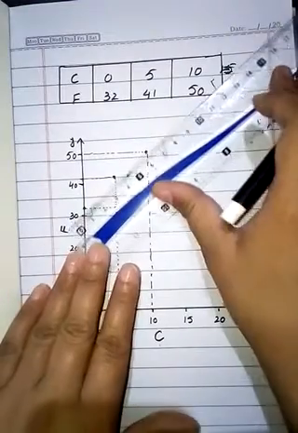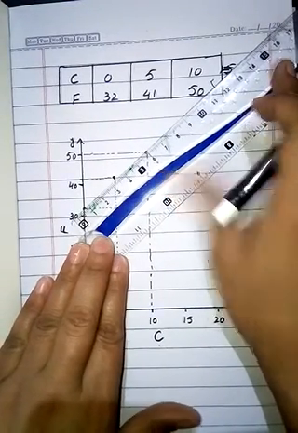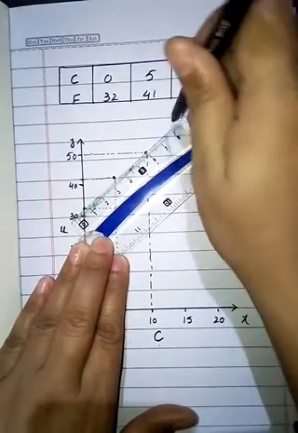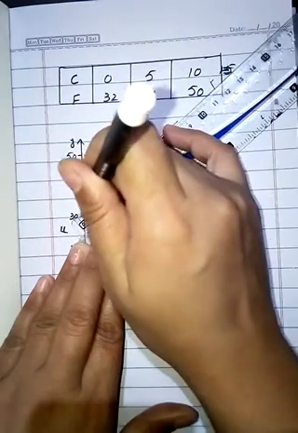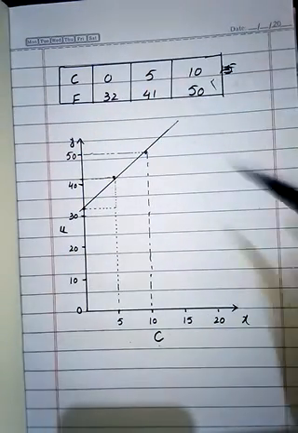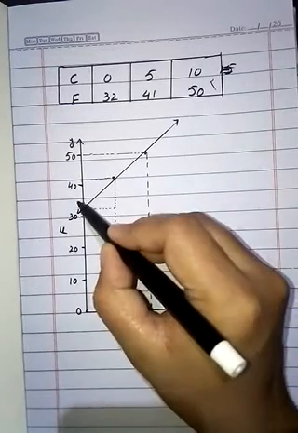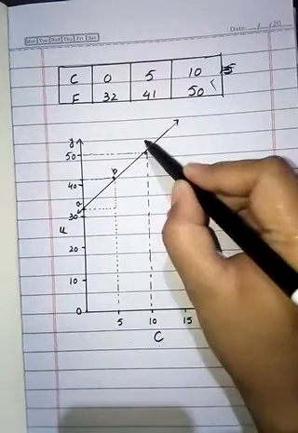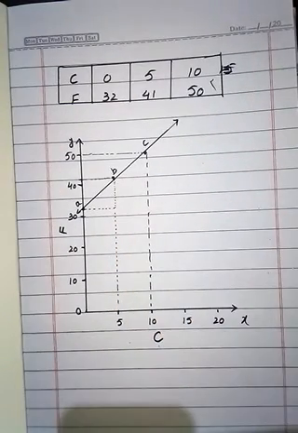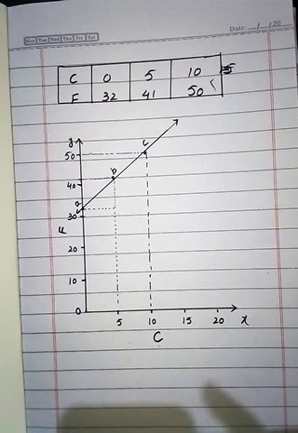Now you have to join these 3 points, and you get this linear graph. Now this is known as point A, point B and point C. This is the graph. I hope you have learned this graph.